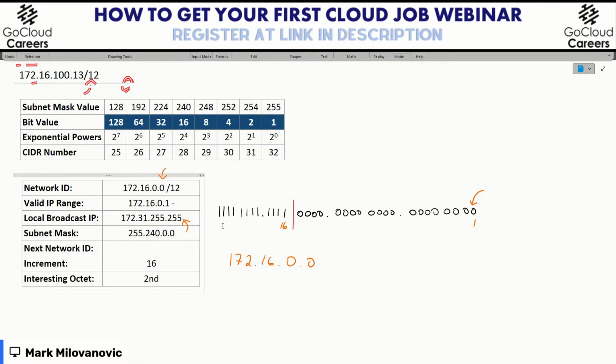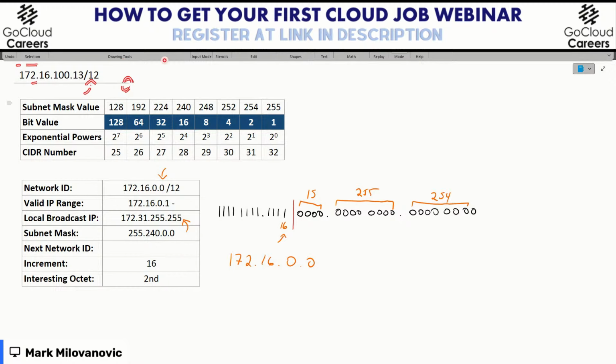And then to figure out what our last valid one is, we're going to go through the same exercise. We turn on these 4 bits, which we agreed was 15, which is also 1 less than our increment. We're going to turn on all these bits, which gives us 255. But we're not going to turn on every bit in our last octet, we're only going to turn on 7 of them, which provides us 254.